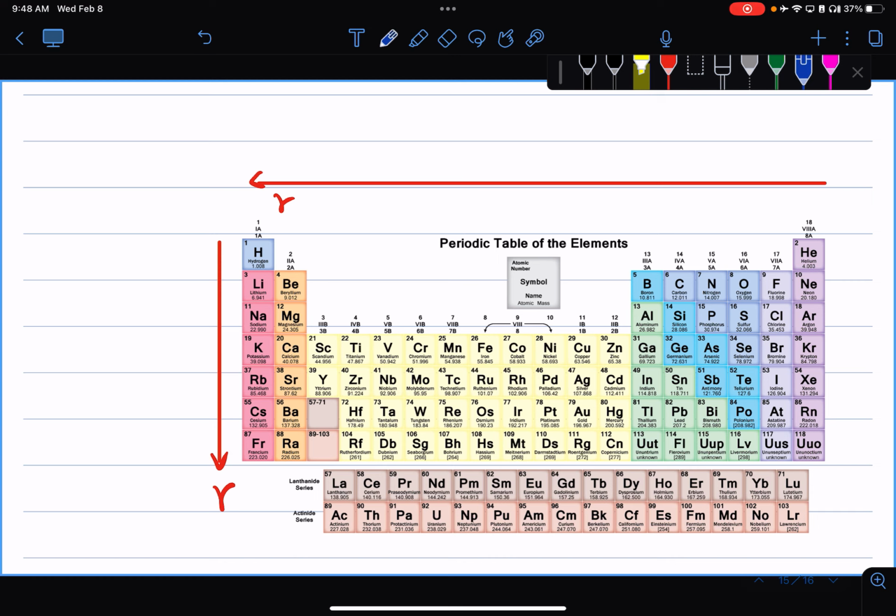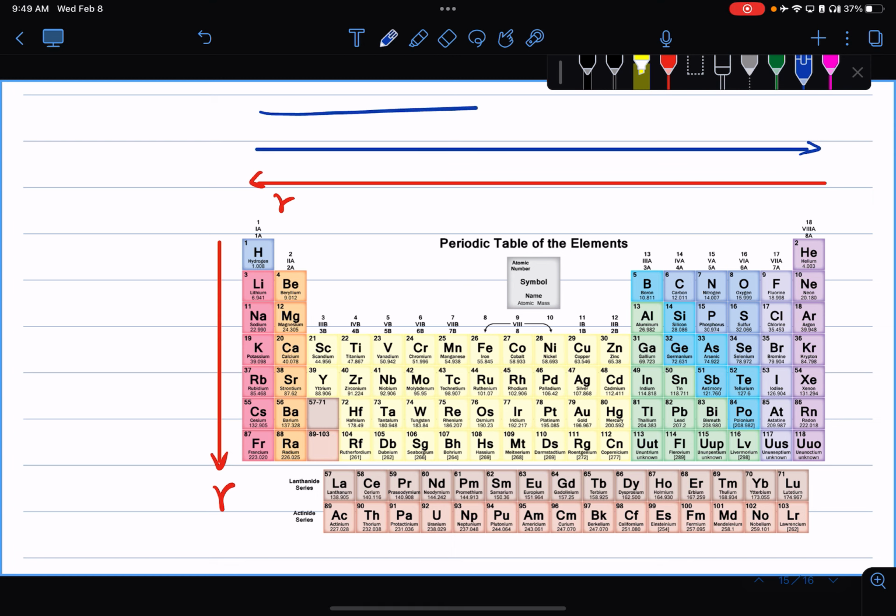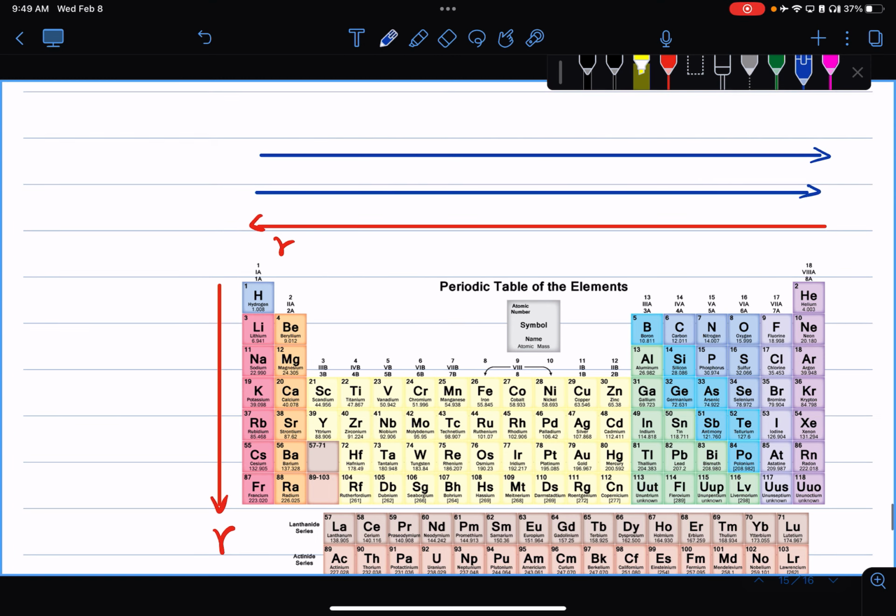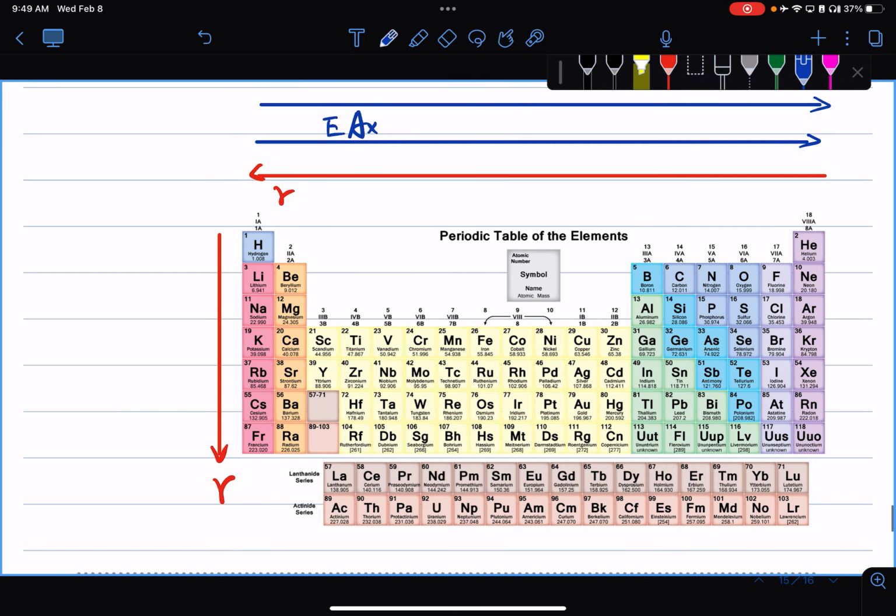Then we have our ionization energy and our electron affinity. Both of them are going to increase across the group and decrease down the period.